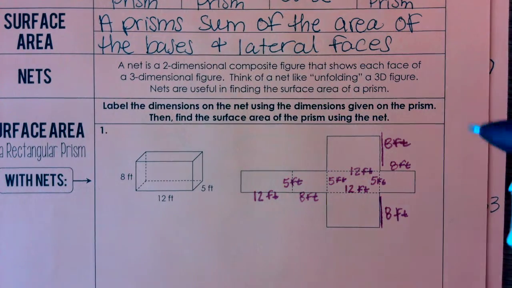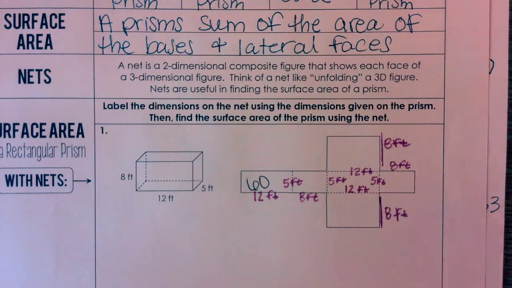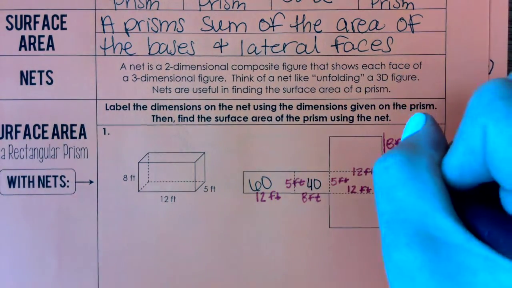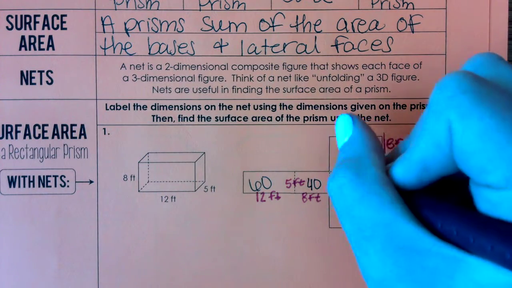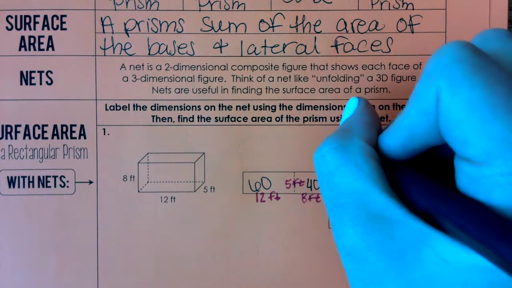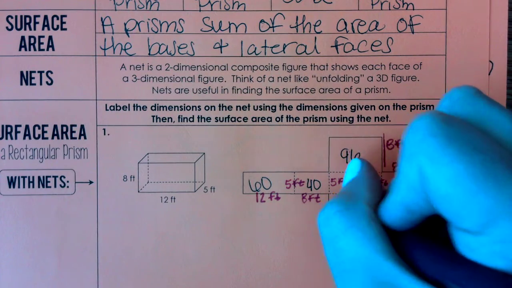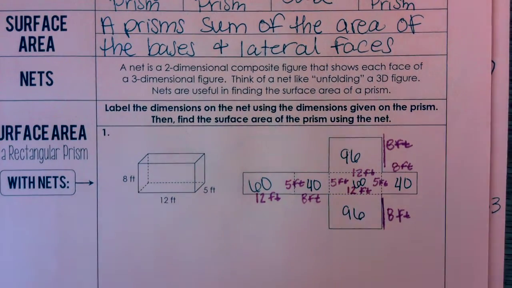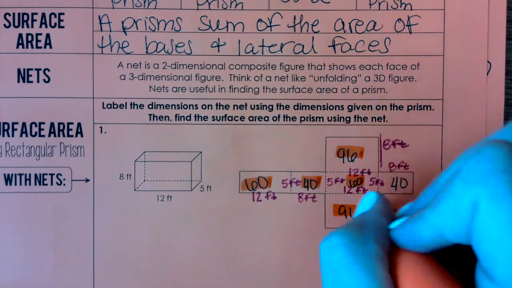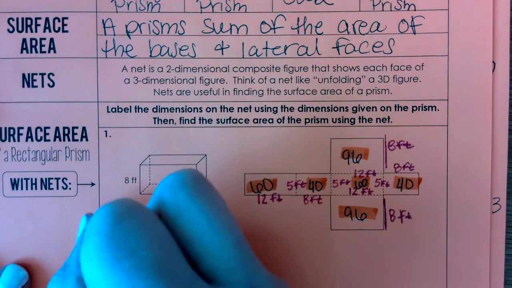So find this area of each of these. What's 12 feet by 5 feet? What's 5 times 8? Again, we already took 5 times 12 to get 60. What's 12 times 8? 96. Now I'm going to take my area and I'm going to add them all together to find my surface area.